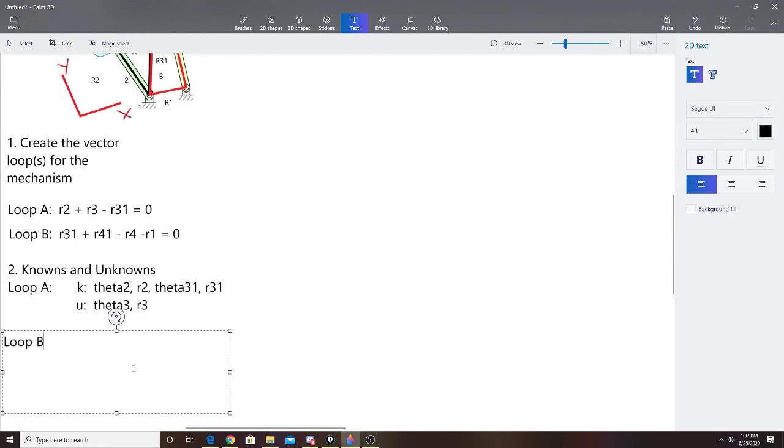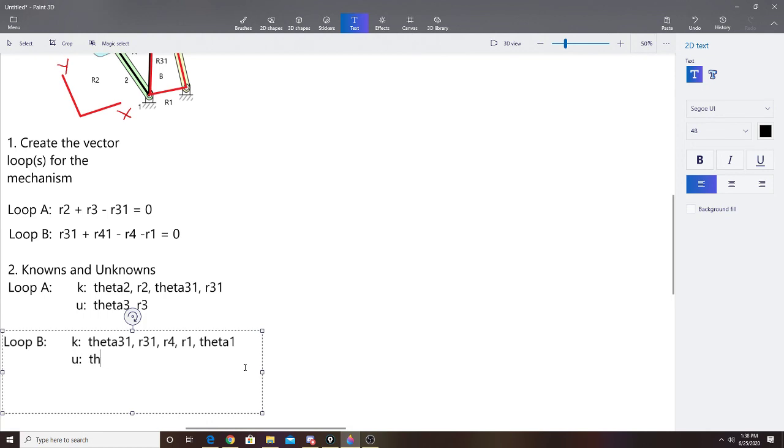Loop B. We had theta 31, R31, R4, R1, theta 1. And unknowns, we had theta 4, R4, and, oh no, that's not right.